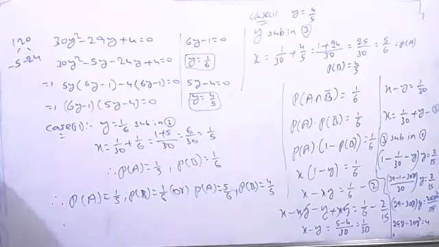An urn contains 4 red and 7 black balls.